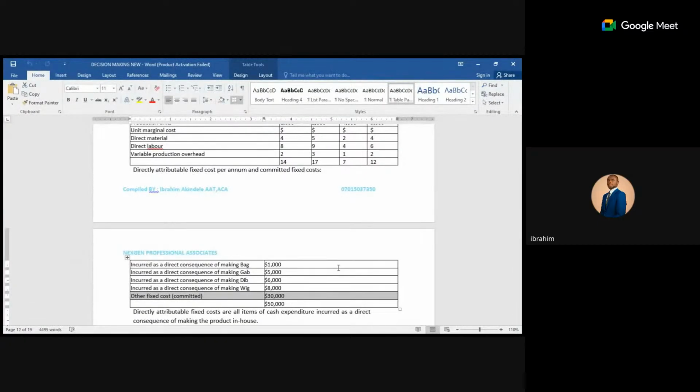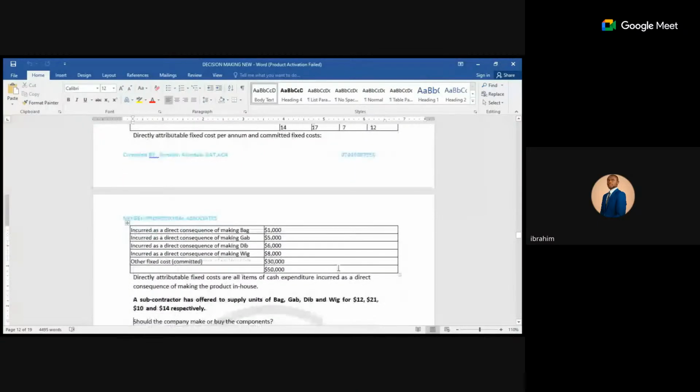When you want to compare the in-house costs and the supplier costs, it has to be on a relevant cost basis. Directly attributable fixed costs are all items of cash expenditure incurred as a direct consequence of making the product in-house.